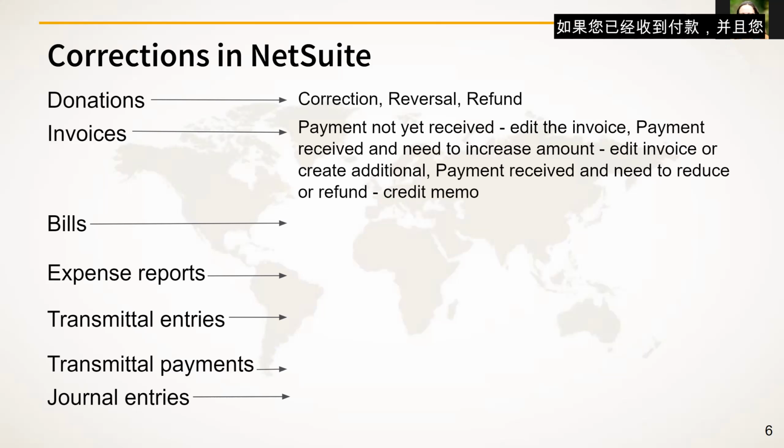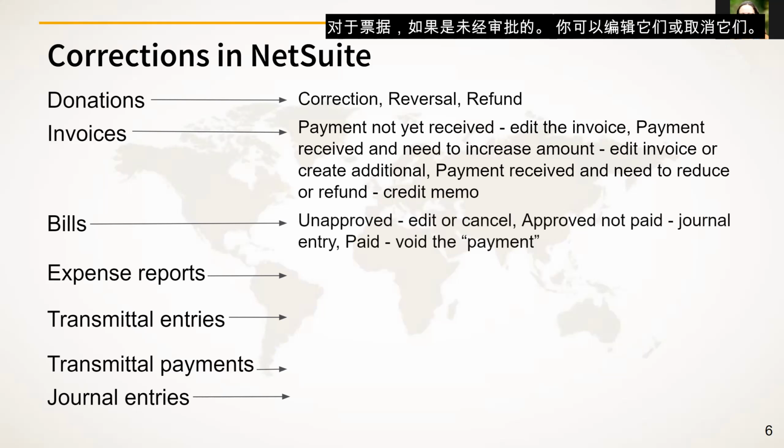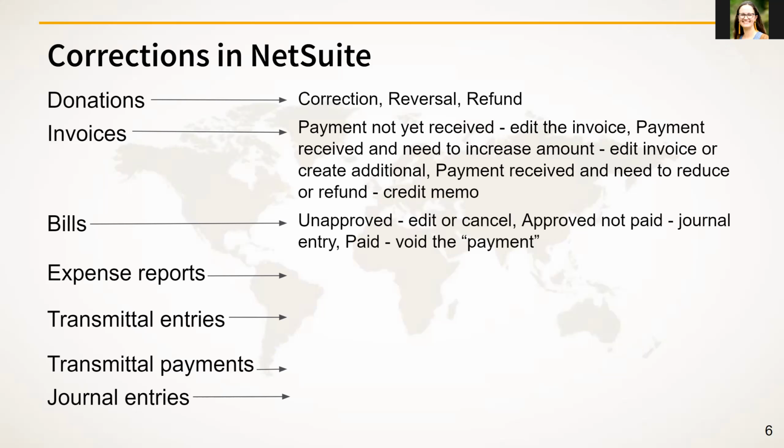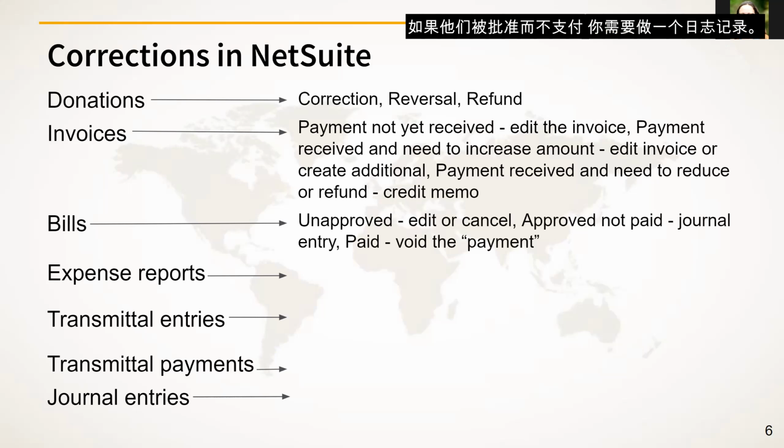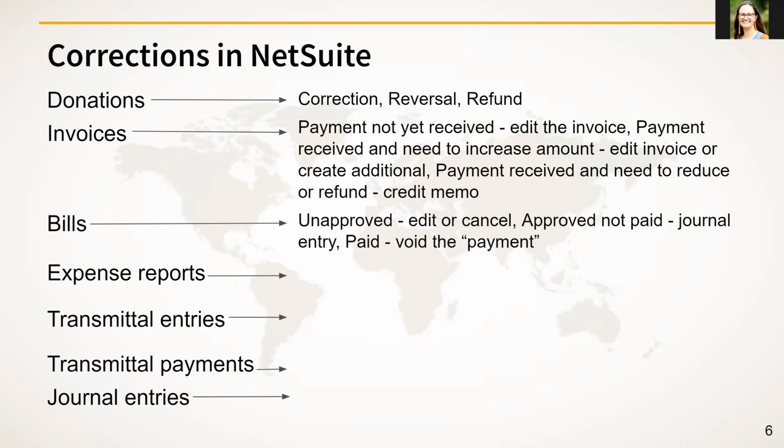If the payment has been received and you need to reduce or refund the amount, you can create a credit memo. For bills, if they are unapproved, you can edit them or cancel them. If they are approved and not paid, you need to make a journal entry. If they are paid, you can void the payment.